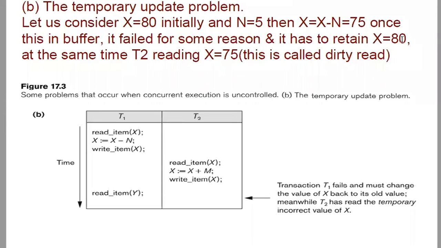If the intermediate or modified value of x is not properly updated, or if it is in the buffer and the transaction fails, then the value should be cancelled and x should be reverted back to 80 as its original value. But this is not happening here. In this example, instead of getting x equal to 80, we are getting 75. So the update is not properly done.